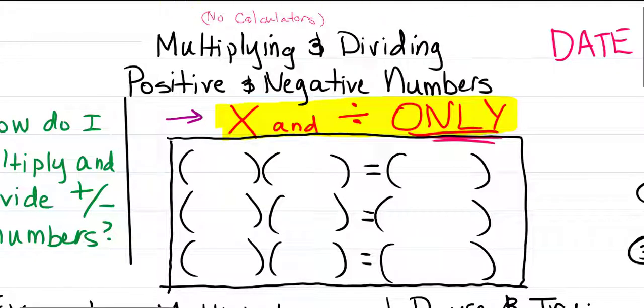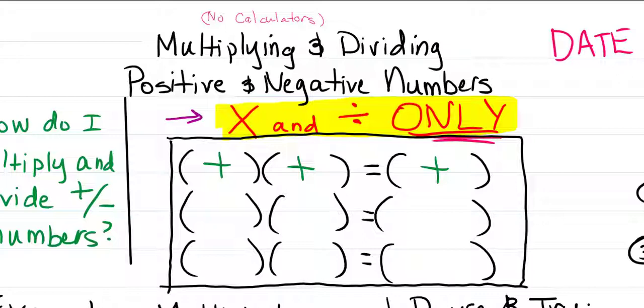Okay, so the basic rules, here we go. We're going to have 3 different situations, and we're going to refer back to this box to practice the problems. If you're multiplying or dividing 2 numbers, and both of those numbers are positive, your answer will be a positive number as well.